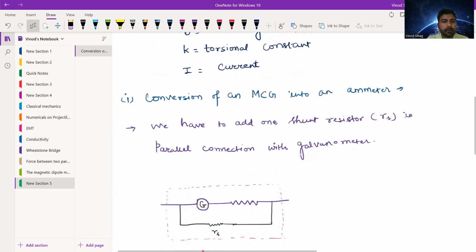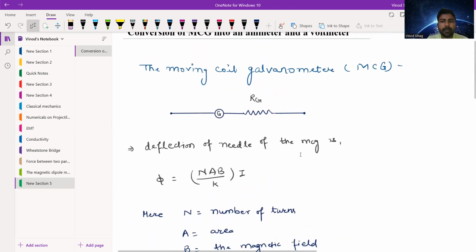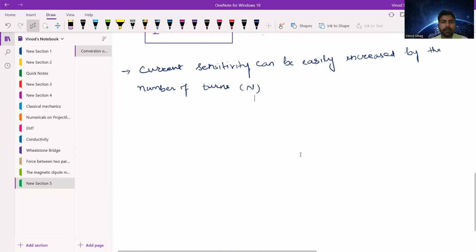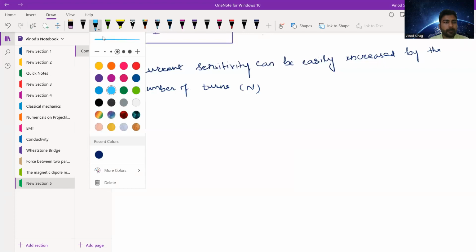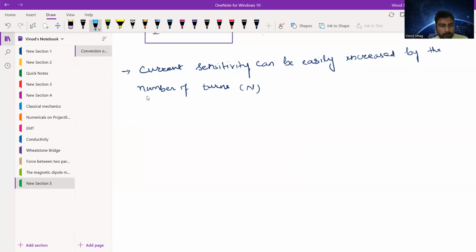Now the second thing is conversion of a galvanometer into a voltmeter. How can we convert an MCG into a voltmeter?